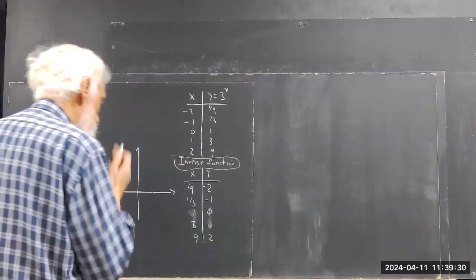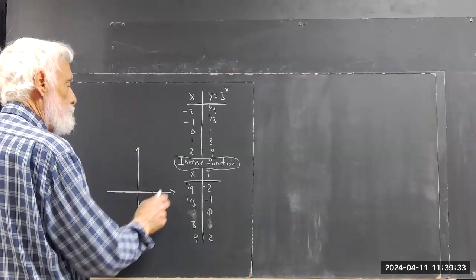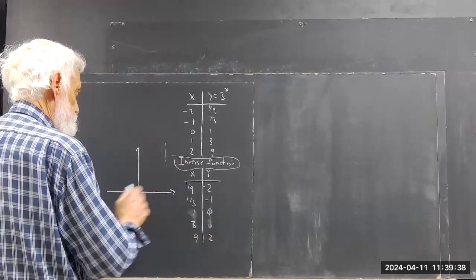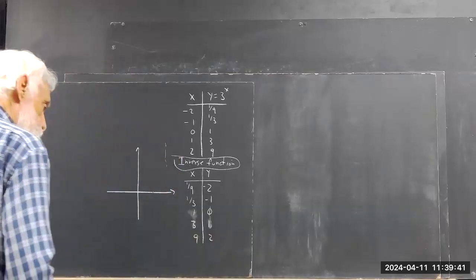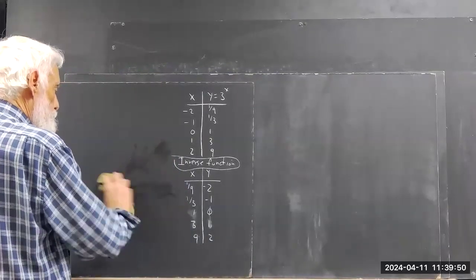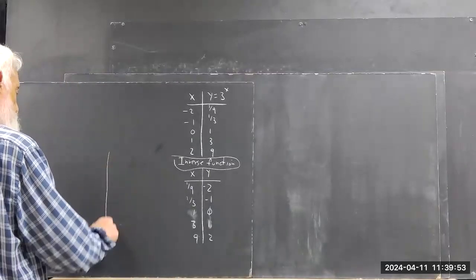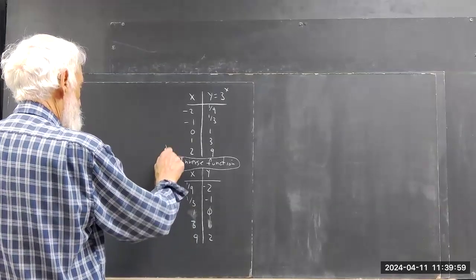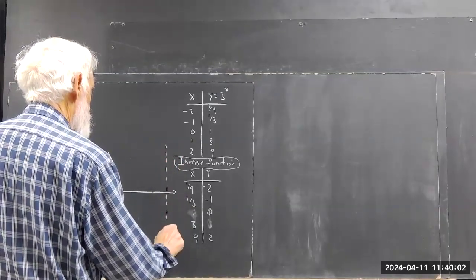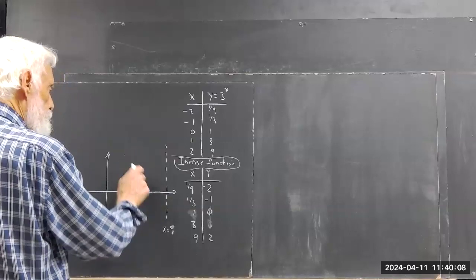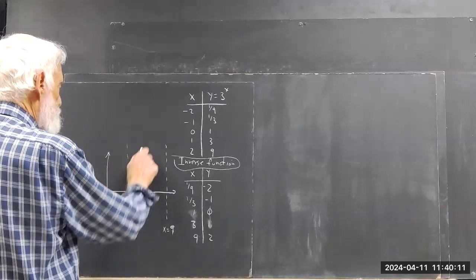Okay. And so first, let's go down to x equals 9. Sorry, x equals 9 goes out here. So x equals 9, x equals 3, and x equals 6.